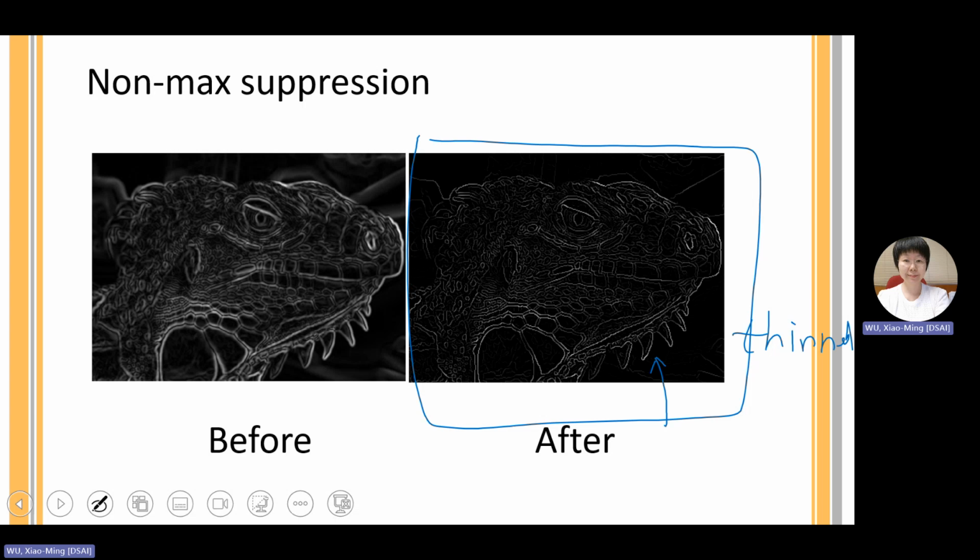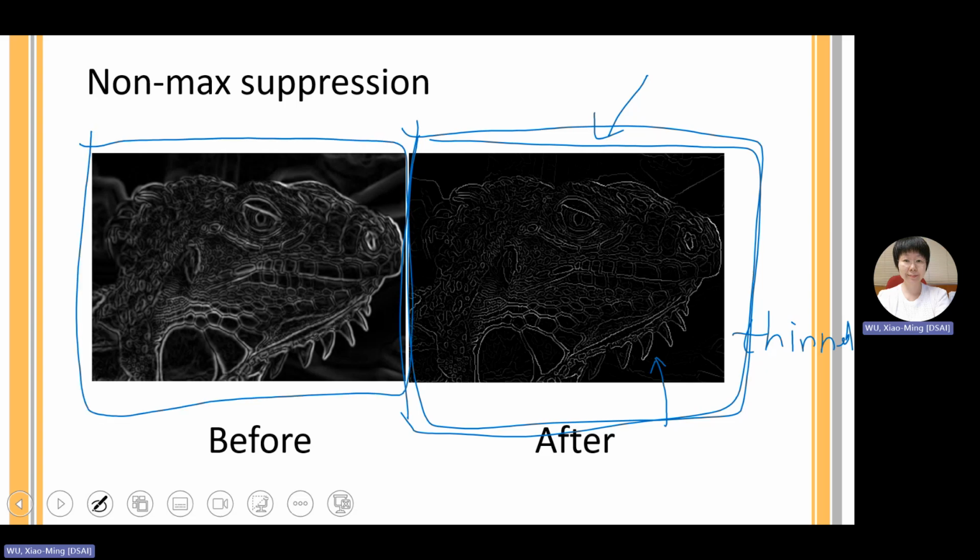Okay, and finally, this is still not the edge map we want because we haven't done thresholding yet. This is the gradient magnitude map, whereas this map is the gradient magnitude map after thinning, after non-maximum suppression.